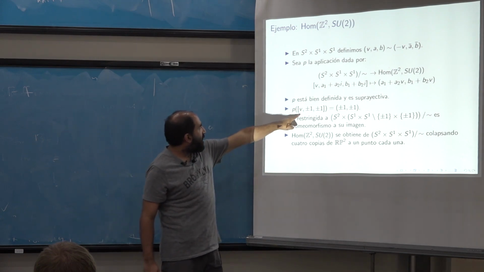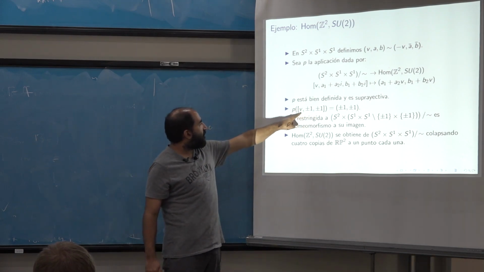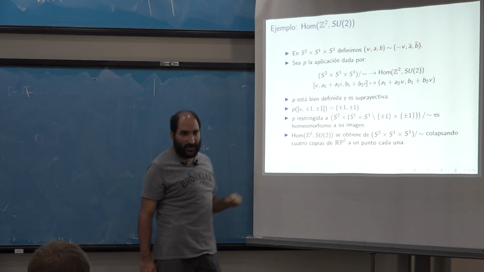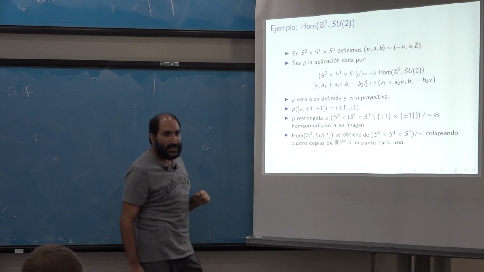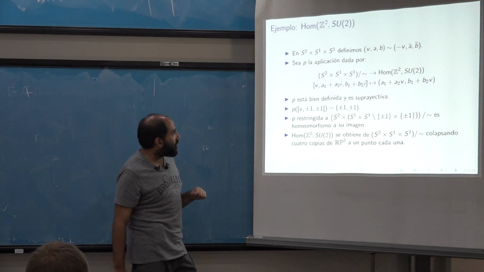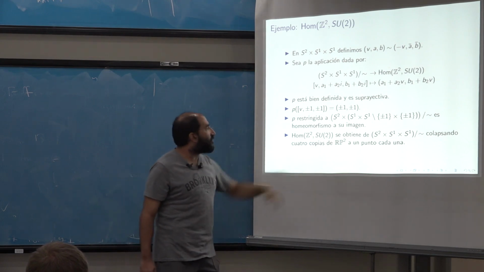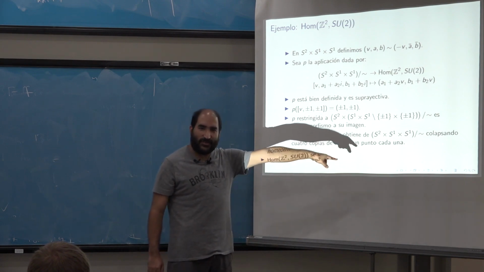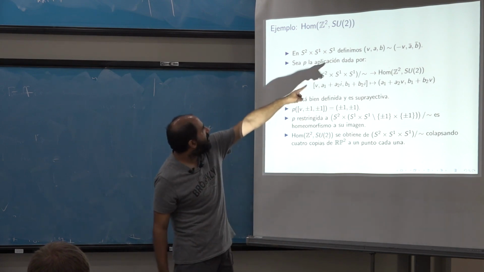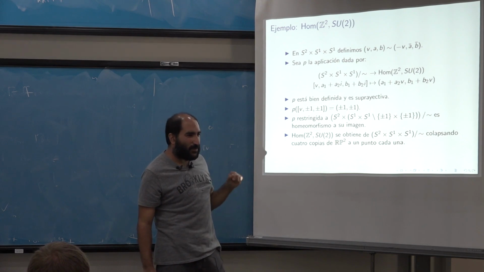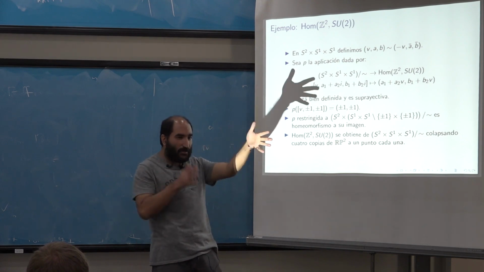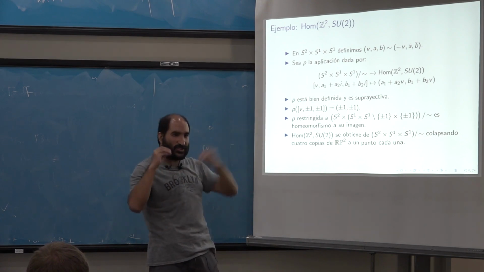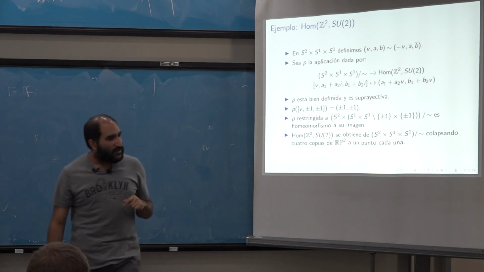If you fix the choice of signs here and let v vary, this is a copy of RP^2 in the quotient that gets collapsed down to a single point. So the space of commuting pairs of quaternions is: you start with this quotient space of S^2 × S^1 × S^1, identify the triples as I said above, and then find 4 copies of RP^2 inside, and each of them you squash down to a point. So 4 blow downs.